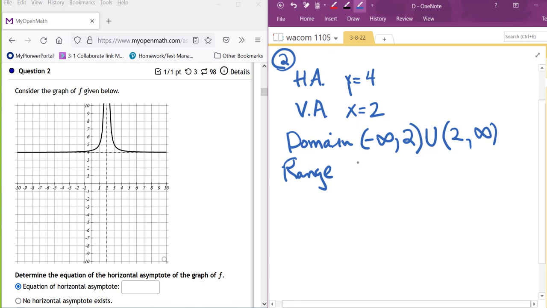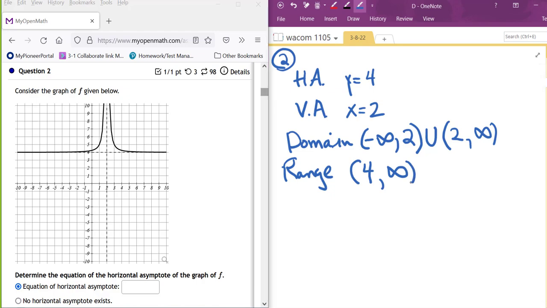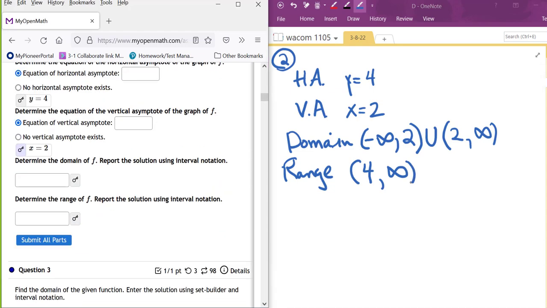So we're going to start at 4, but we're not touching, and it will go to infinity. So here we go with parentheses. It's 2 that we're throwing out, and this one starts at 4 with a parentheses because you're not touching and goes to infinity.